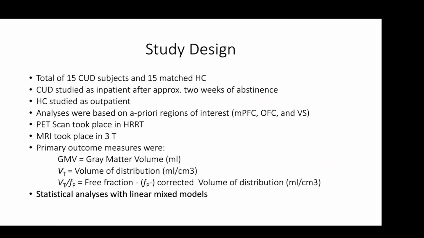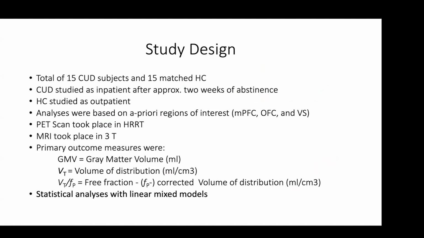In terms of the study design for the cross-sectional initial study that we did, we had 15 participants with cocaine use disorder matched with 15 healthy controls. The participants with cocaine use disorder were studied as inpatients at the Clinical Neuroscience Research Unit after 2 weeks of abstinence. The healthy controls were studied as outpatients.